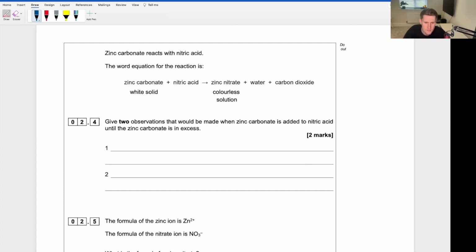And straight away, if you ever see a gas, you're going to know that bubbles will be produced or fizzing during that reaction. So I'm going to write gas given off. Now the second observation that I would see is that this white solid that we start with has gone. We get a colourless solution. So I would see that white solid start to dissolve.